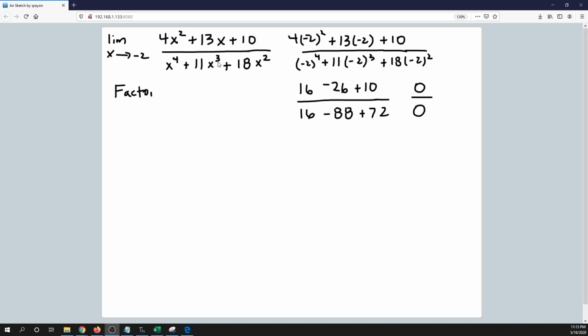The Factor Theorem says that if you have a polynomial, and that's what a rational function is, a polynomial divided by another polynomial, if you plug in some number c and you get 0, like we did on the top and the bottom, then that means that x minus c is a factor of p of x.